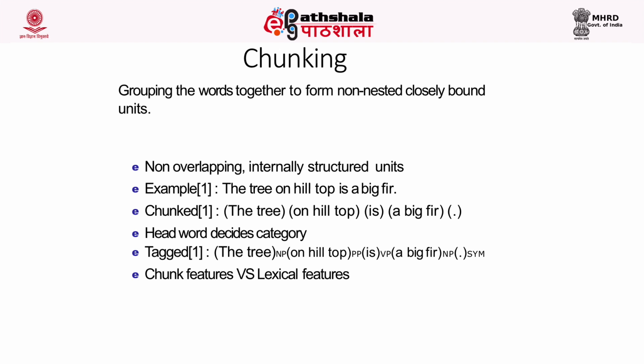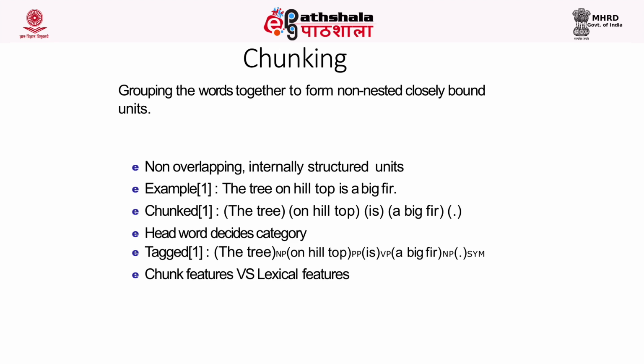Every chunk is a constituent structure. It is a minimal phrase structure wherein there is always a head. So the chunk labels are according to the head of the chunk. And the head word decides the category of a chunk. For example, in our example, tree is the head, and therefore it is an NP.